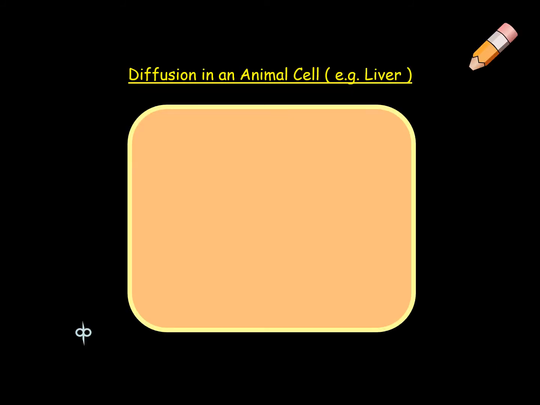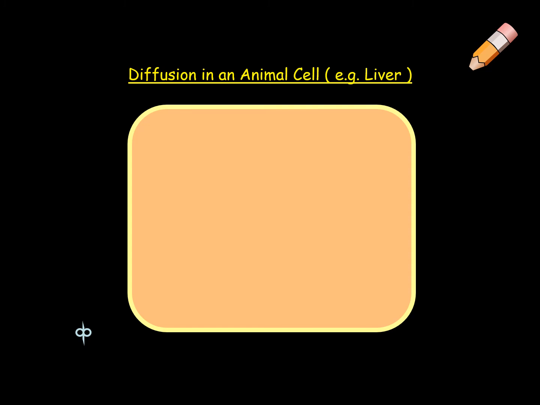So what we're going to do now is compare diffusion in our animal cell to diffusion in our plant cell, which are slightly different. So we know that animal cells need to take in water and also remove water rapidly. We also know that they need to take in oxygen for respiration and glucose for respiration.